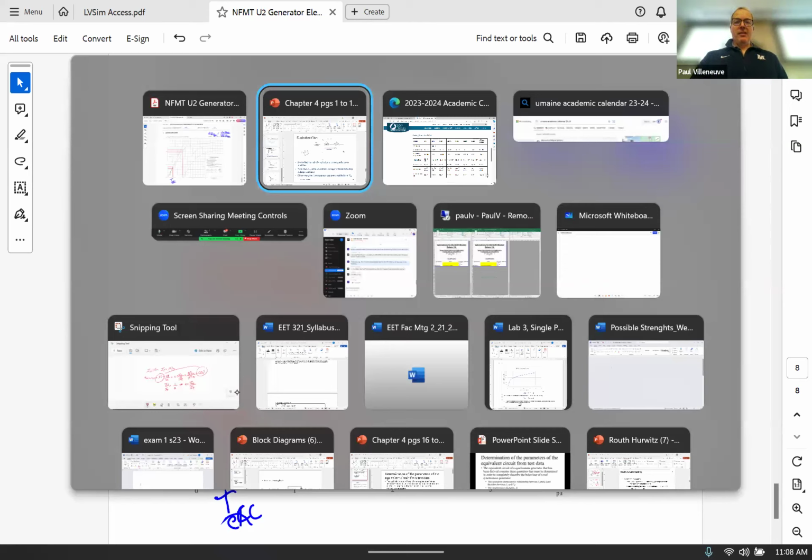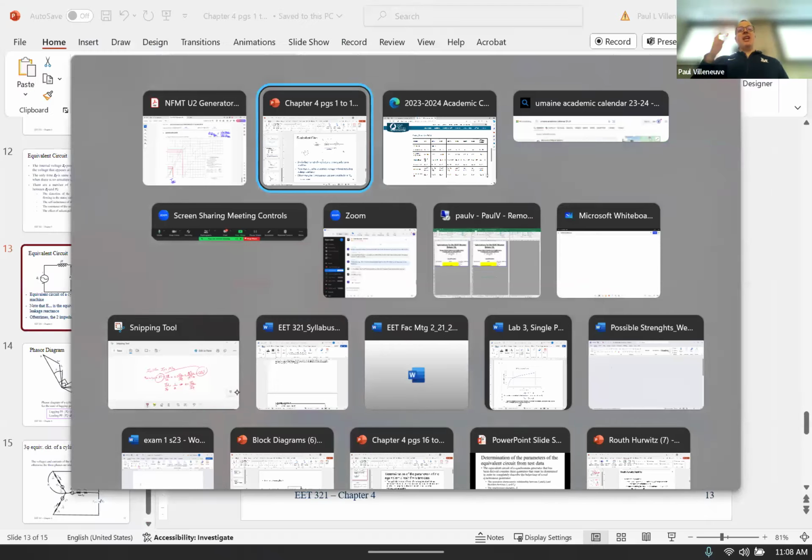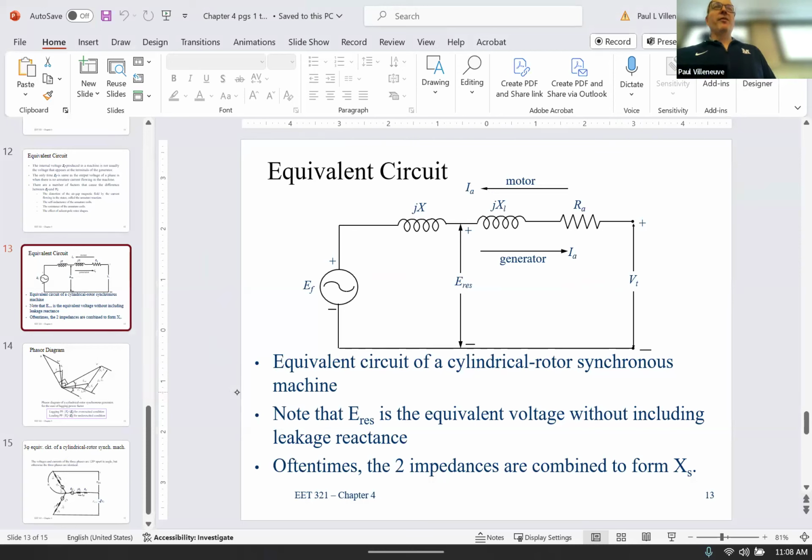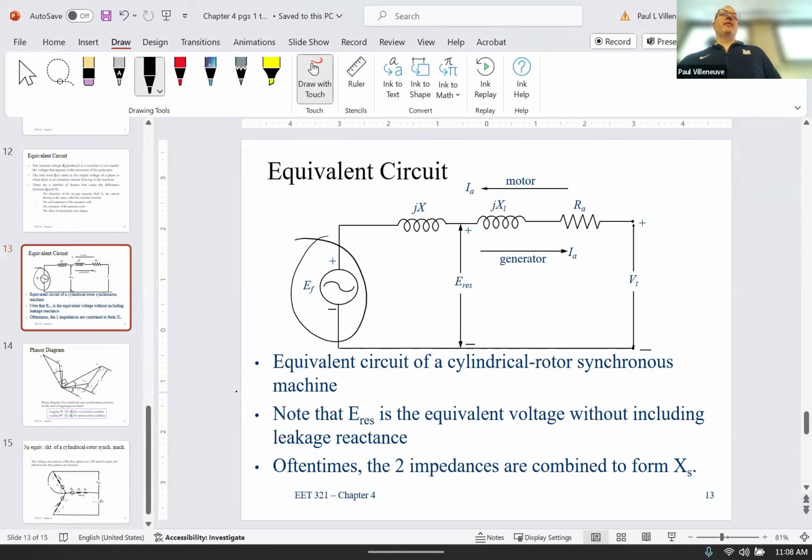So you're using the two. I've got to use the 2 plots. Yeah, I can't get any parameter by itself with just 1 test because I have no way of knowing what the voltage and the current is. This voltage over here is inaccessible to me. It's across the windings. That's the voltage that's impressed across the windings.